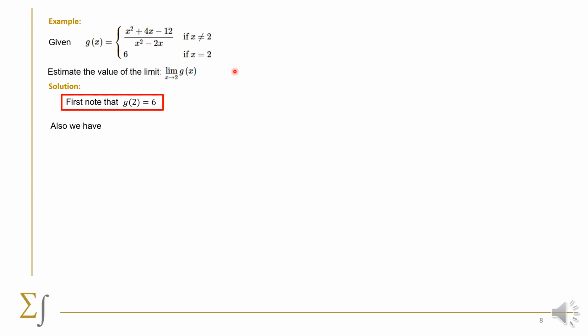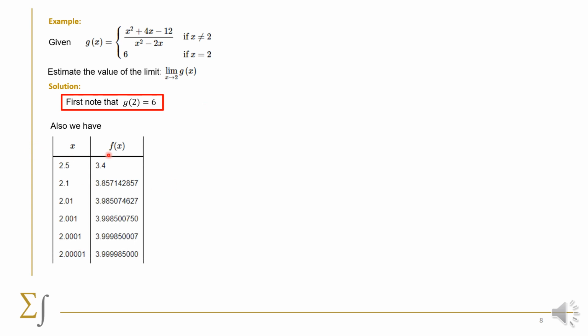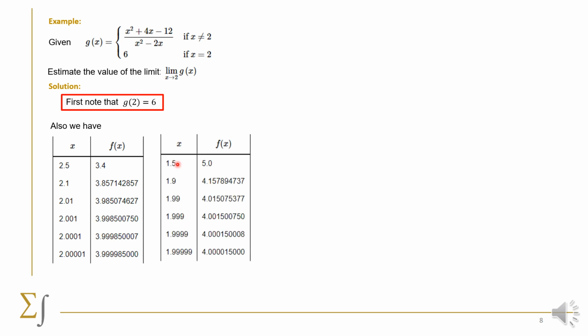And we want you to make sure that it is not the value of the function at x equals 2. So here is x and here is f of x. And again, we get closer and closer to 2 from the right. We calculate the corresponding f of x. We do the same thing, getting closer and closer to 2 from the left. And here are the corresponding values for f of x.